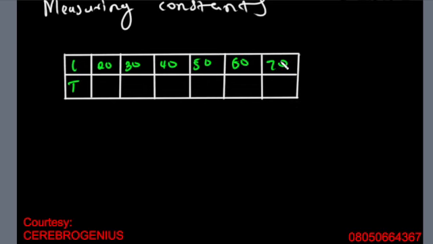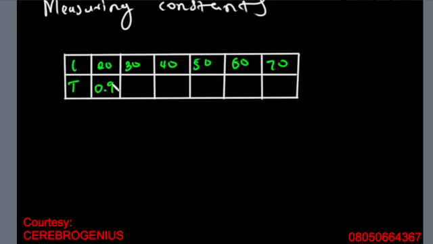Then after we have done the experiment, we got different values of period. The first one, we got the period to be maybe 0.9.